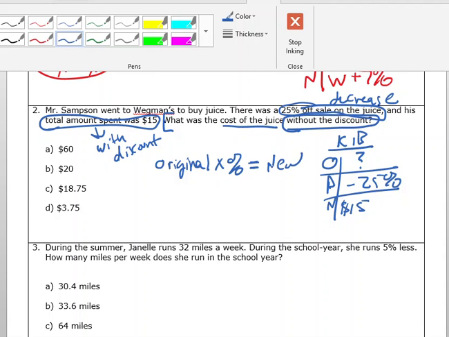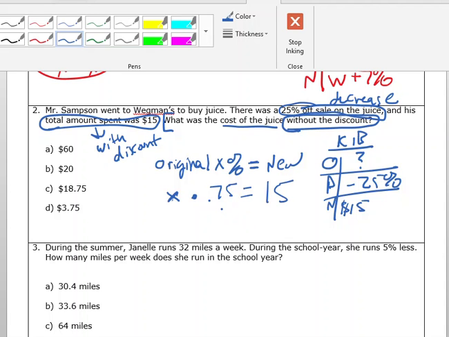And so in this case, I have my original, I'm going to call that X, times 0.75. My X times 0.75 is equal to $15. Why did I say times 0.75?